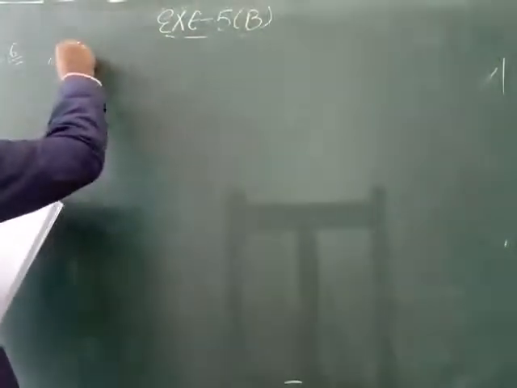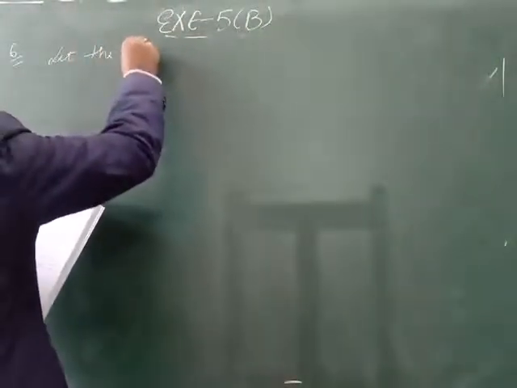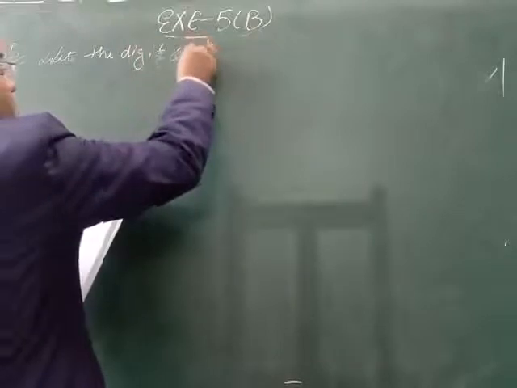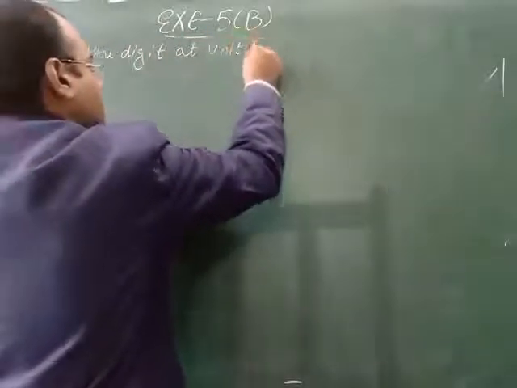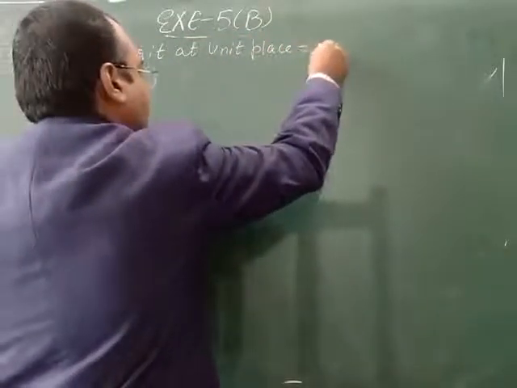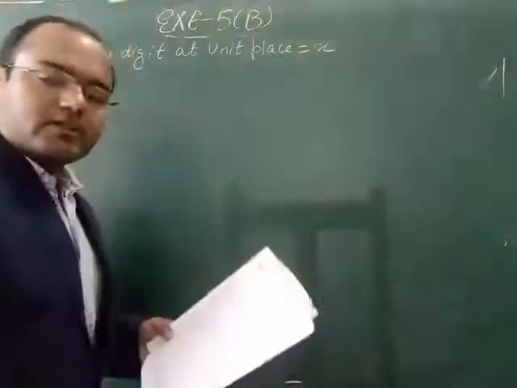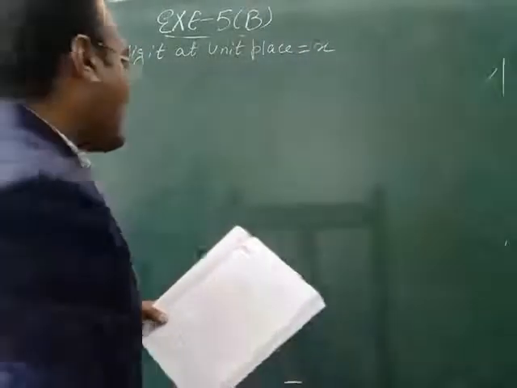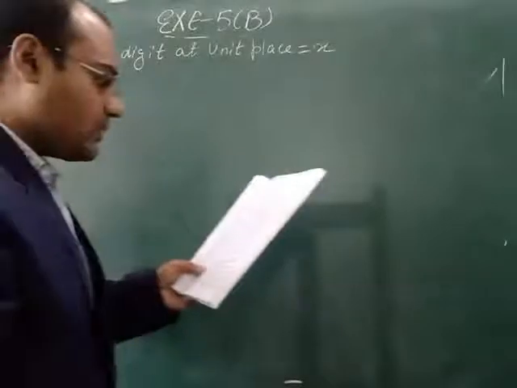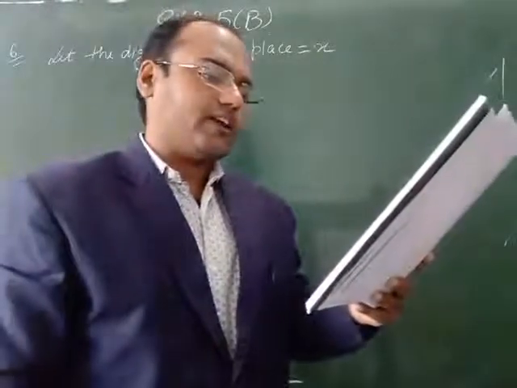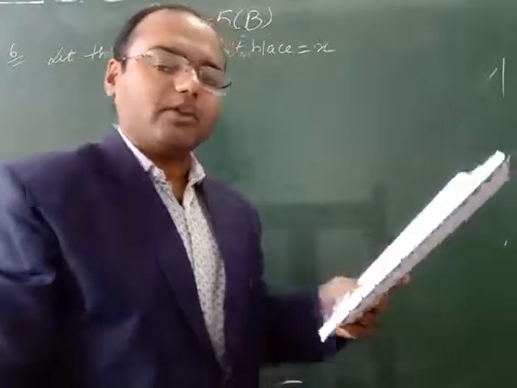So what we will do, we will assume let the digit at unit place is equal to x. Now digit at tens place is 4 times the digit at unit place.